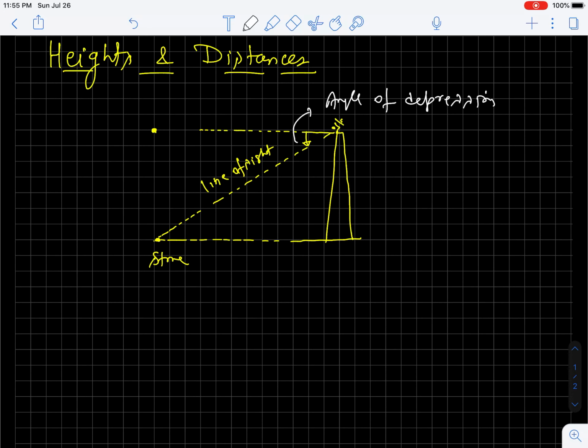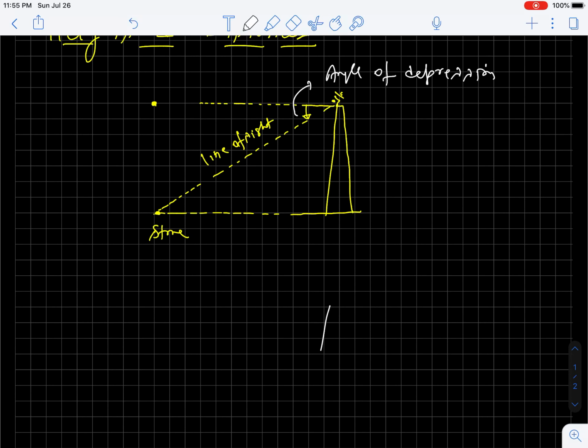Now if the scenario is changed, let's say there is the same tower, some bulb is here, and some viewer is here. Basically the positions are exchanged. Now this viewer is watching this bulb, and from the horizontal this angle is theta.